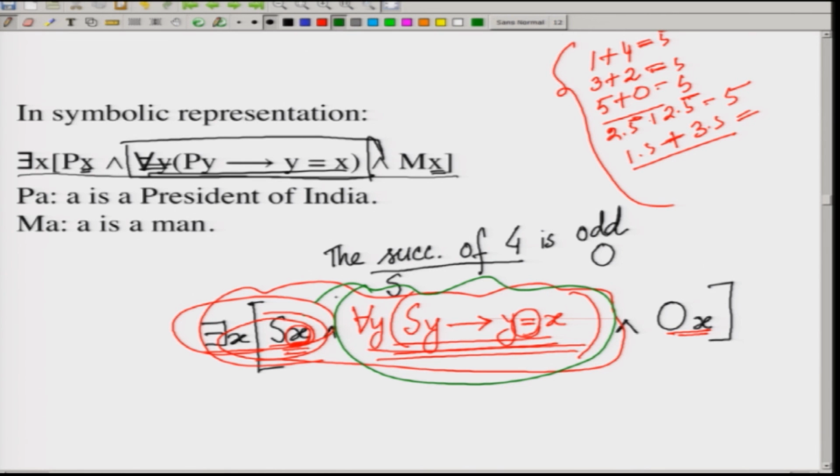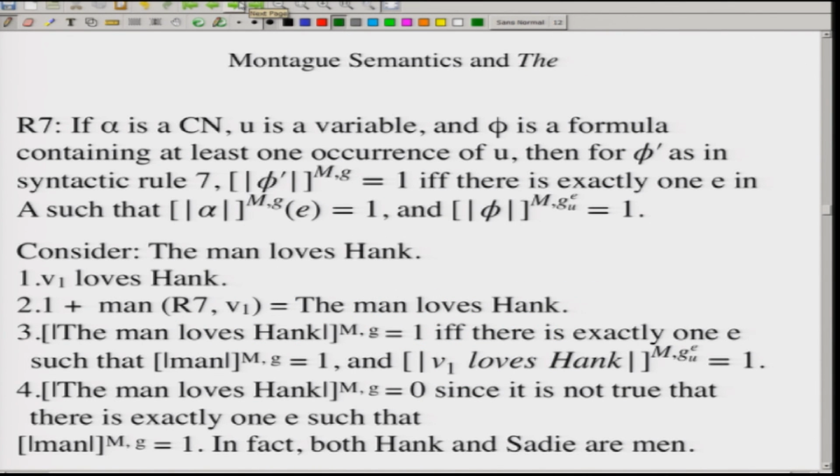Now, how did Montague manage this? He managed it this way.